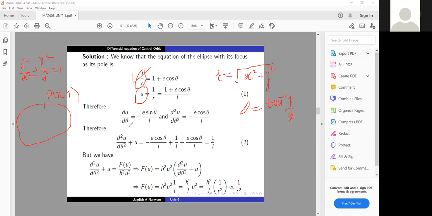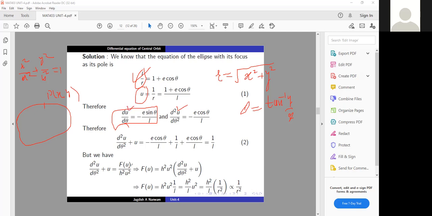Again differentiate this with respect to theta, you will get the second derivative. So minus, again 1 by L is constant, and the derivative of E sin theta is E cos theta.